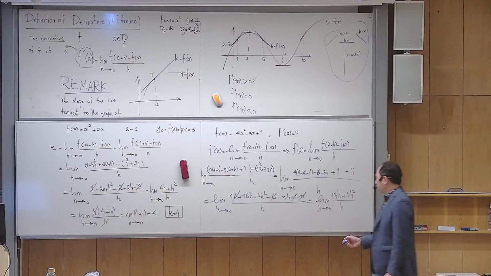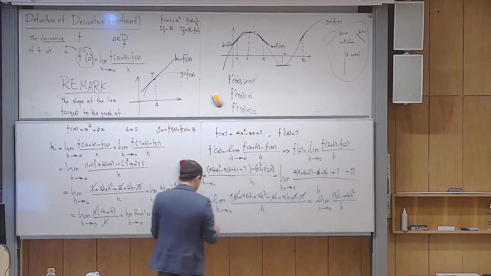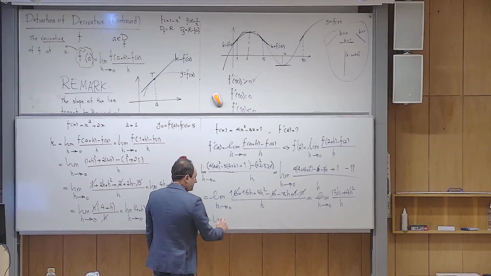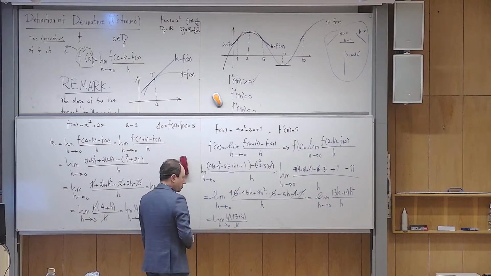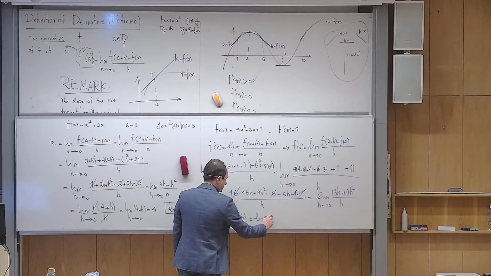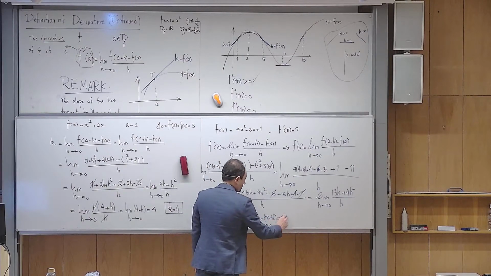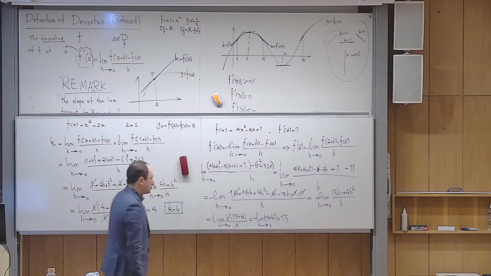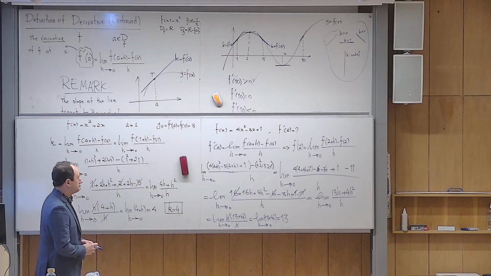And then what I do, I factor an h out. So this becomes the limit of h times (13 plus 4h) divided by h, h goes to 0. This one and that one are gone. So this becomes the limit of 13 plus 4h. And then finally h goes to 0, and I hope that I haven't made any mistakes. We can check the calculation once more. So the answer becomes 13.